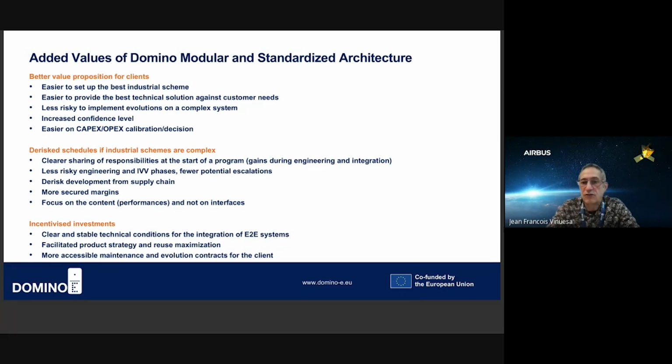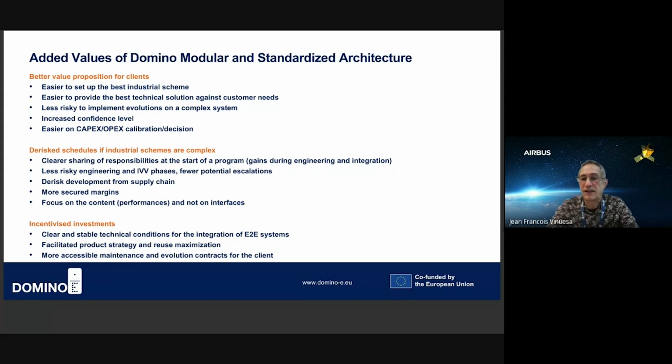And what is also very interesting in the development and implementation phase is that since you already have some dominoes that have been de-risked and already implemented, you have less risk in engineering and also an easier integration, verification, and validation phase, because part of it is already done.